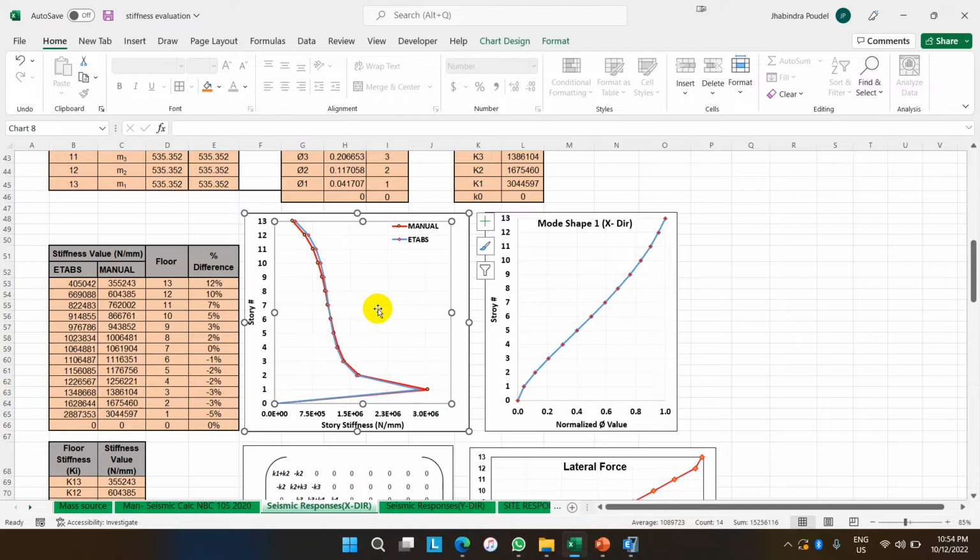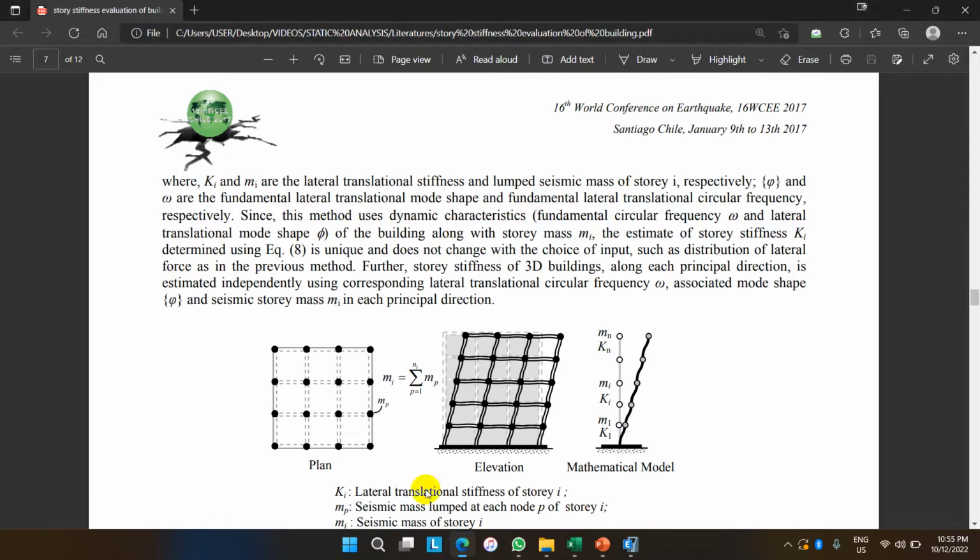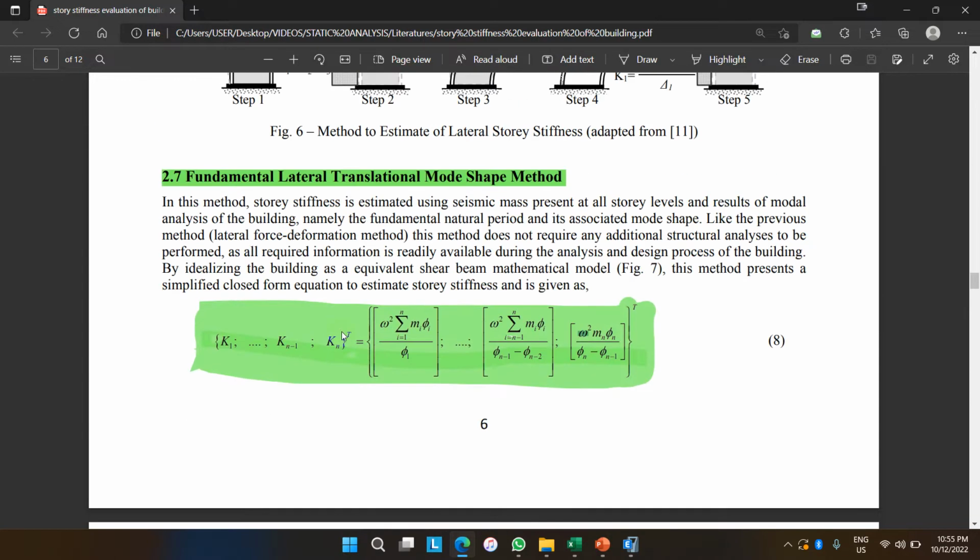From this plot, it can be said that the story stiffness from the manual calculation and ETABS are very close to each other. So this seventh method, the lateral fundamental translational mode shape method, can be considered an accurate and reliable method for the stiffness evaluation of any type of structure.